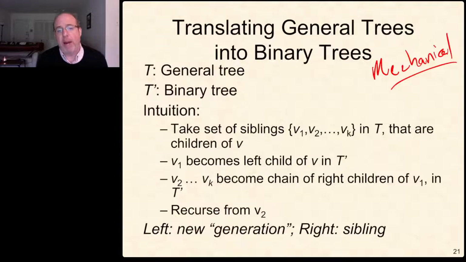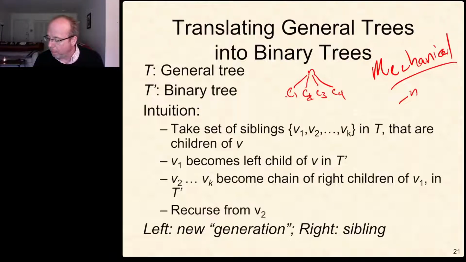The intuition behind how this works is that if we have a node with some number of children, C1, C2, C3, C4, we convert that into a binary tree by having C1 be the left child of the new node, and its siblings become the right children of this.